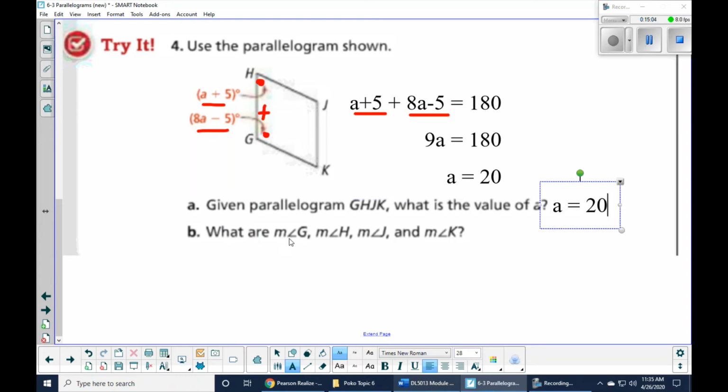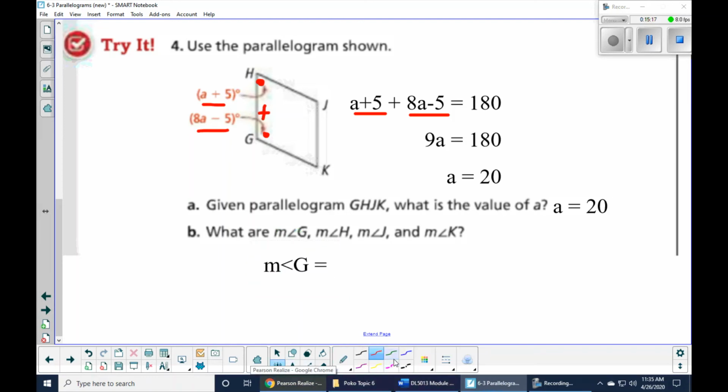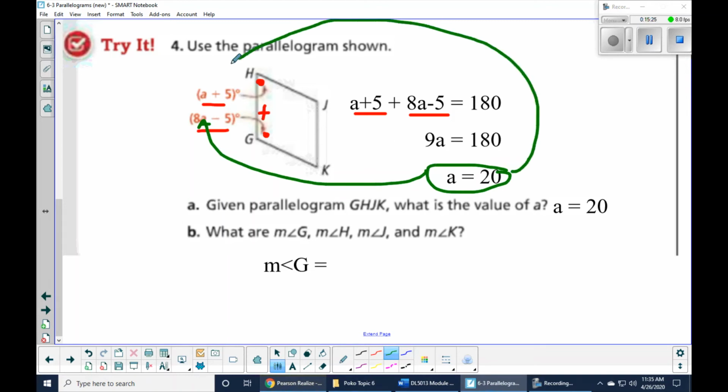Now it wants to know what are the measures for angle G, angle H, angle J, and angle K. So for the measure of angle G, we're going to take a equals 20 and plug it in for a. We're also going to have to do that right there.